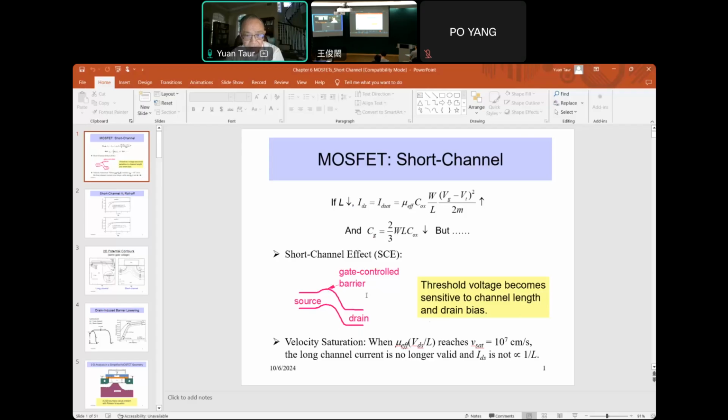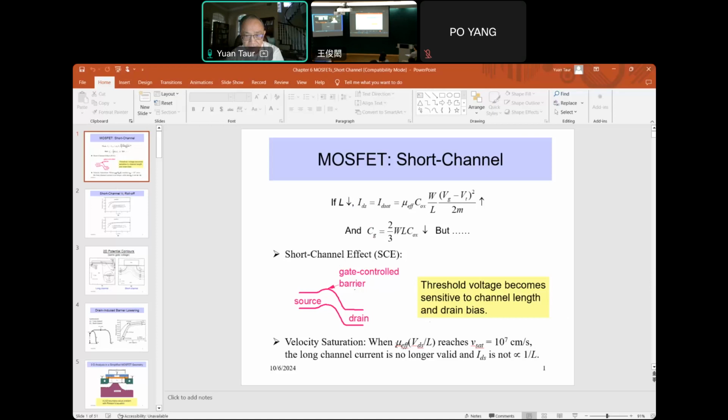But when the channel length is too short, then the threshold voltage becomes sensitive to channel length and drain bias. Okay, and that's what we want to focus on in the first part of chapter 6. The second part of chapter 6 is velocity saturation, as I mentioned before.